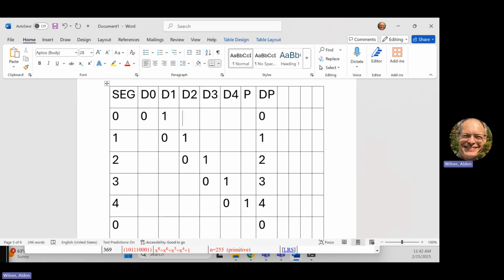And then we go up here and we start back again with 2. Wraps around. And finally 4.